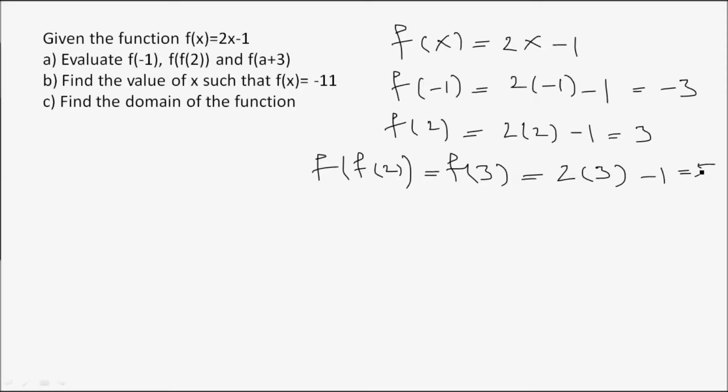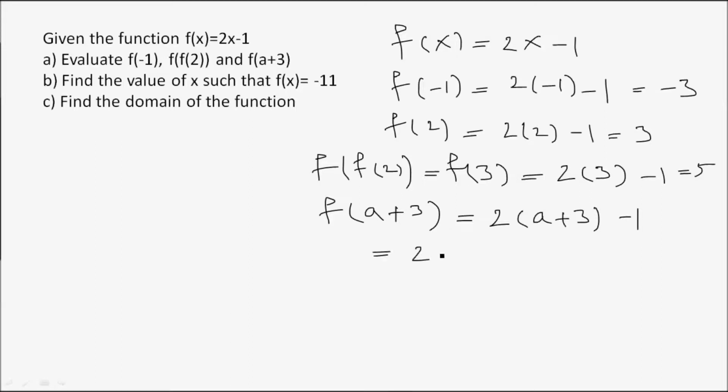What about f of a plus 3? So here, x has to be replaced with a plus 3. Whatever value you have here within parentheses, you're gonna replace x with that value. So here, you're gonna replace x with a plus 3.